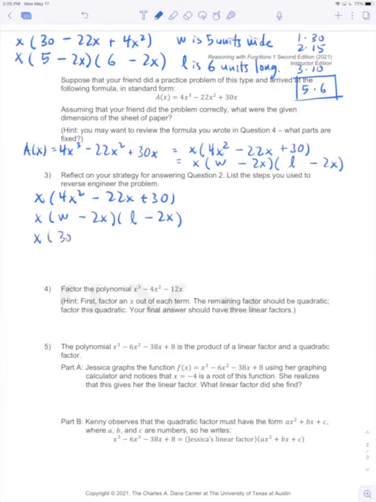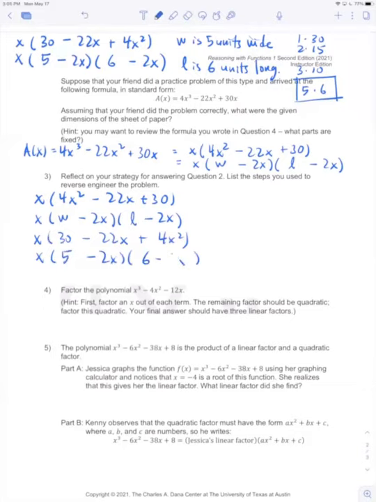We wrote the 30 first, kept the negative 22x in the center, and then plus 4x squared. And then we went back and filled in the rest of the problem. So with the proper numbers, we had a 5 minus 2x, and then a 6 minus 2x, not a 6 minus 6x. There we go.